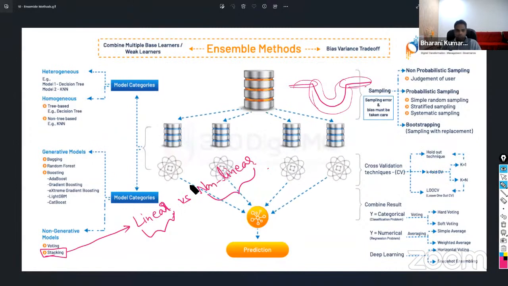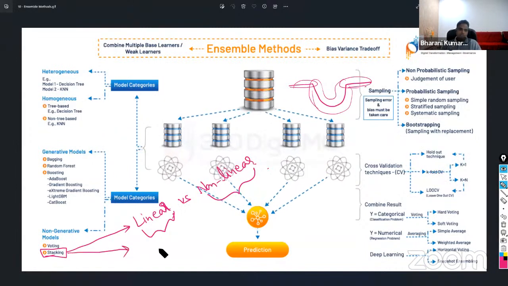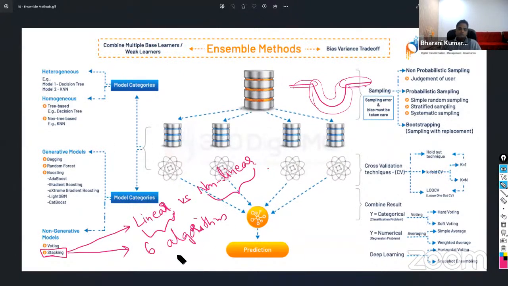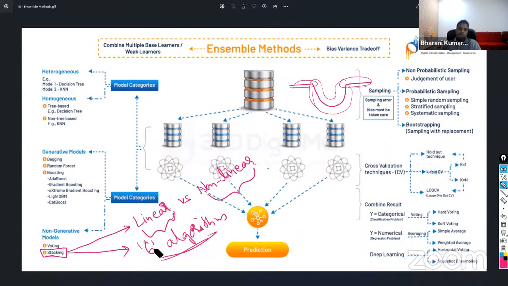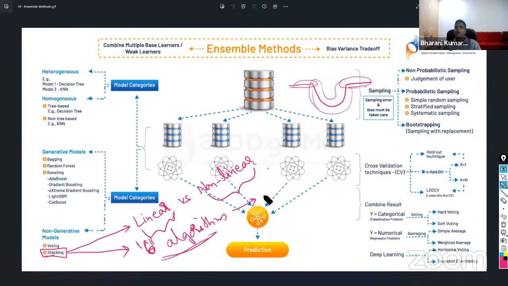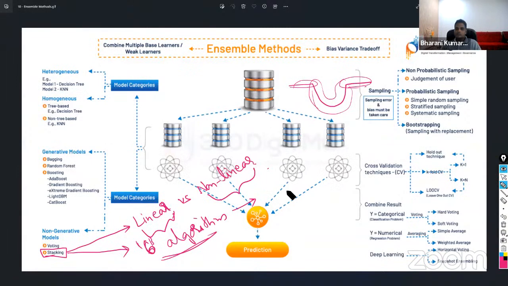And the second thumb rule is, if you are choosing, say, 6 different algorithms, we have to try and use algorithms which have different underlying math operations. Ultimately, any machine learning algorithm works on some kind of math.